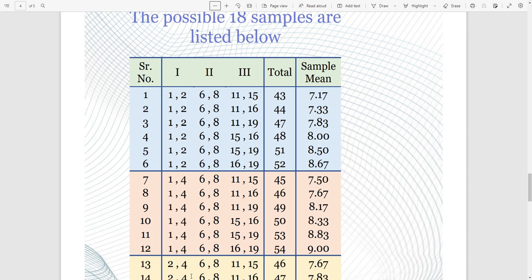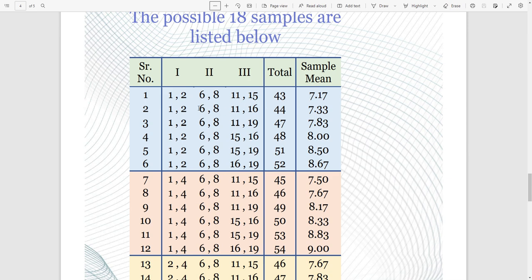Next, we want to calculate their sample means. To compute the sample mean, we first add up the sample elements and then divide the total by 6. Adding 1 plus 2 plus 6 plus 8 plus 11 plus 15, the total is 43, and 43 divided by 6 is 7.17.